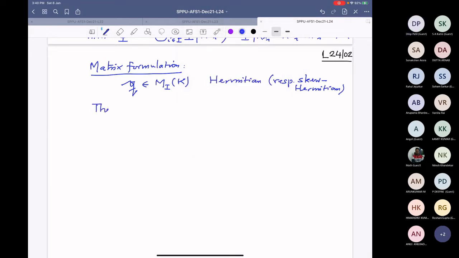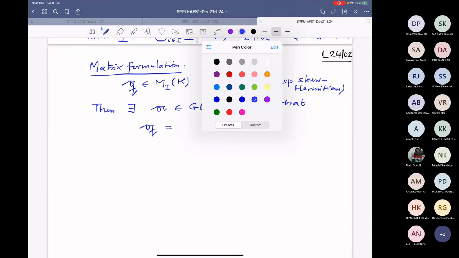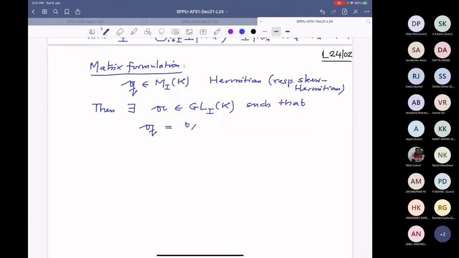Then there exists a matrix A in GL_n(K) such that A G A bar transpose is a diagonal matrix.